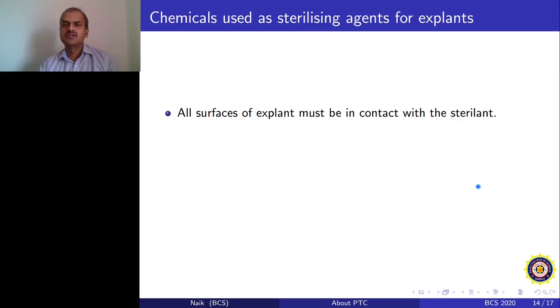They are not smooth, they are hairy. If your explant is hairy, that's really a challenge, because the hairy portion creates lots of air spaces, and because of that sometimes the sterilizing agent will not reach the surface of the explant, and despite a very strong sterilizing treatment, that explant will show a lot of fungal or bacterial growth.